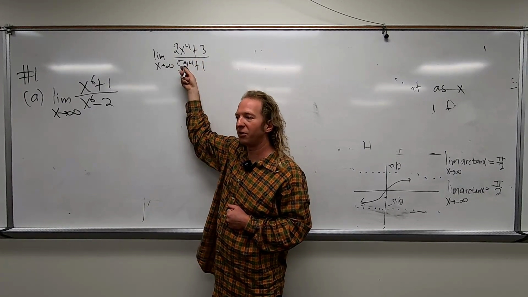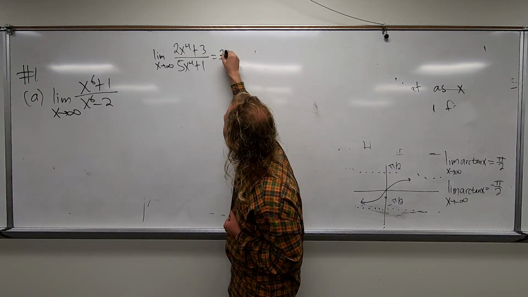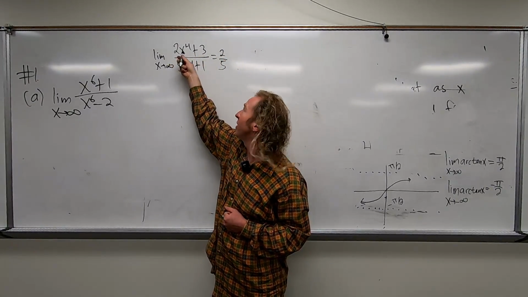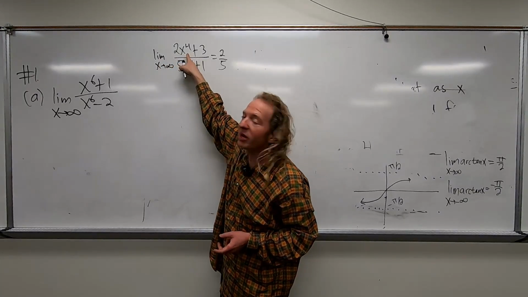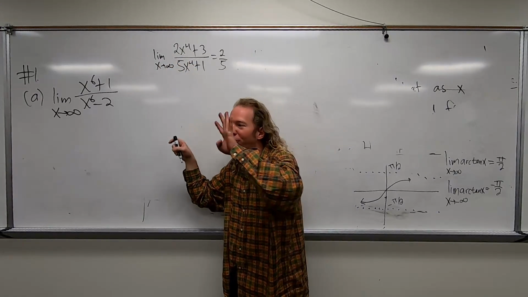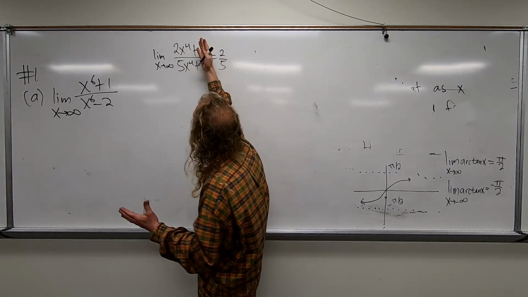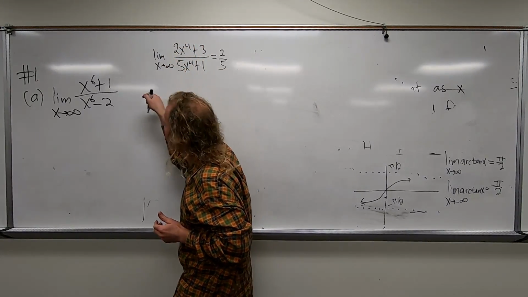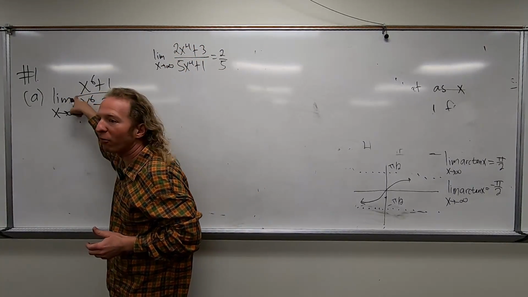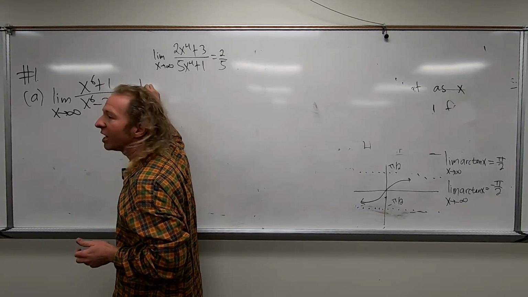It's the ratio of the coefficients. So it'd be like 2 over 5. The reason is this is growing at the same rate as this because they're both 4th degree. So in the long run, it's basically 2 over 5. So here, it would just be 1 over 1. So the answer is just 1.